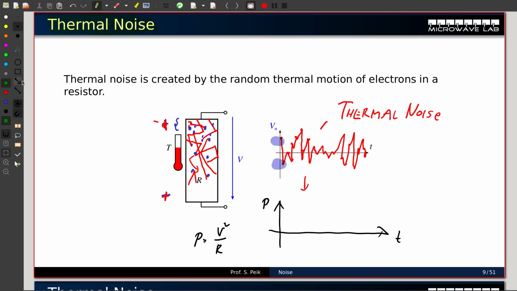So this here squared becomes something like this, and so on. So you get some power, and the power is always positive. On average, we will be able to detect the power level that is maybe here. So that's my so-called noise power level.